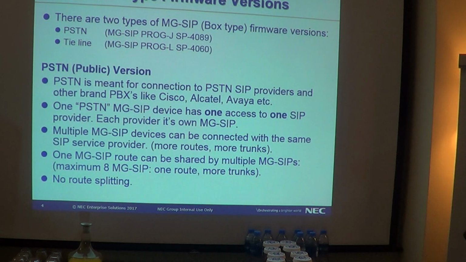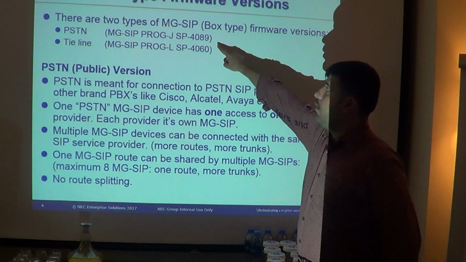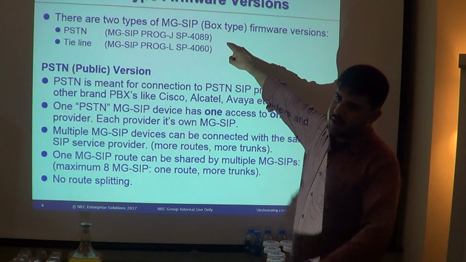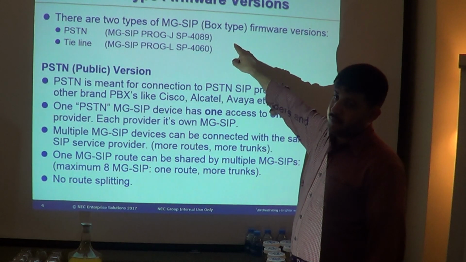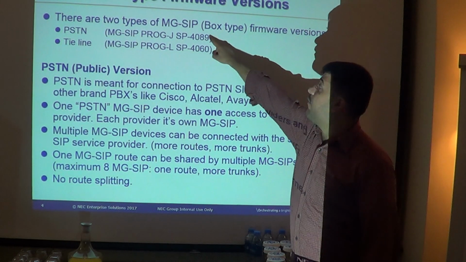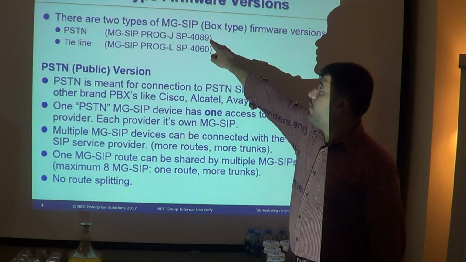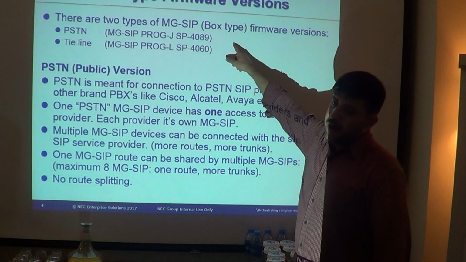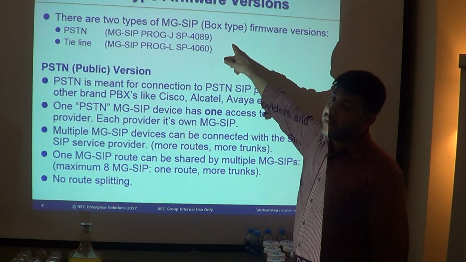Now, tell me, which version are you talking about? Firmware, sir. I'm talking about two versions of the firmware of the MG set, the box type. The 4098, 89 is the one that we use for PSTN, and this only supports a single carrier.